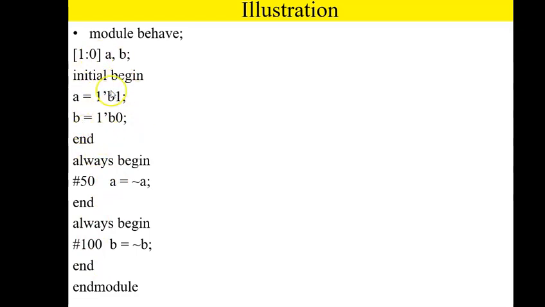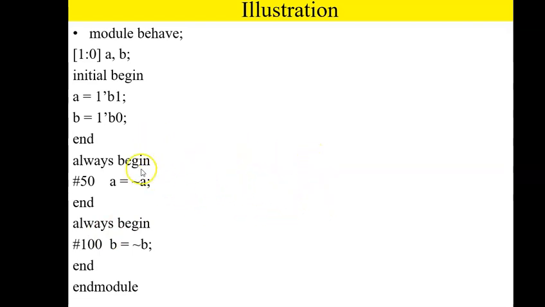So this is a kind of input stimulus to the test bench. After every 50 time units, A is inverted, that is complemented. B is complemented after 100. Those who have a minimum knowledge about this can understand that it will give a kind of square pulse.